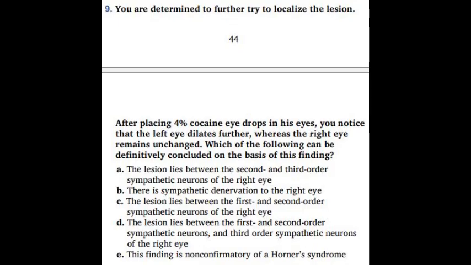D, the lesion lies between the first and second order sympathetic neuron and the third order sympathetic neuron of the right eye. That is false. And E, this finding is non-confirmatory of a Horner syndrome. That is false. This finding is actually confirmatory of a Horner syndrome, but it does not tell us which neuron is affected. So we will say option B, there is sympathetic denervation to the right eye.